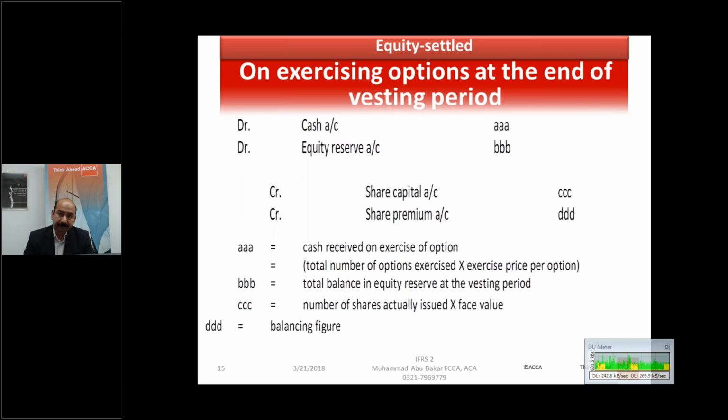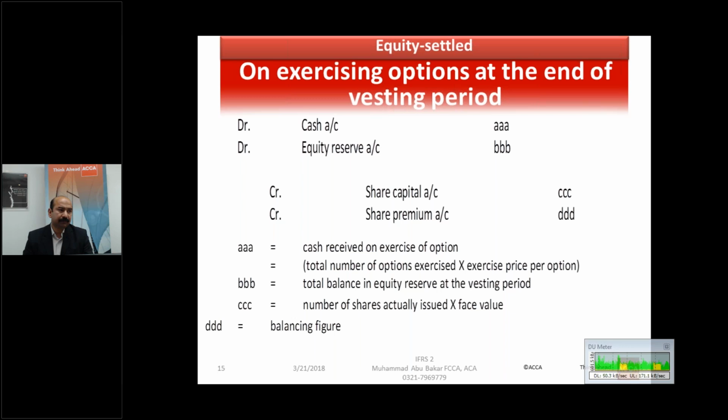Cash will not be there. I hope it should be clear. Okay, what about the employees who are rendering their services, then why are they accounting for cash? This cash requirement is in addition to the rendering of services.